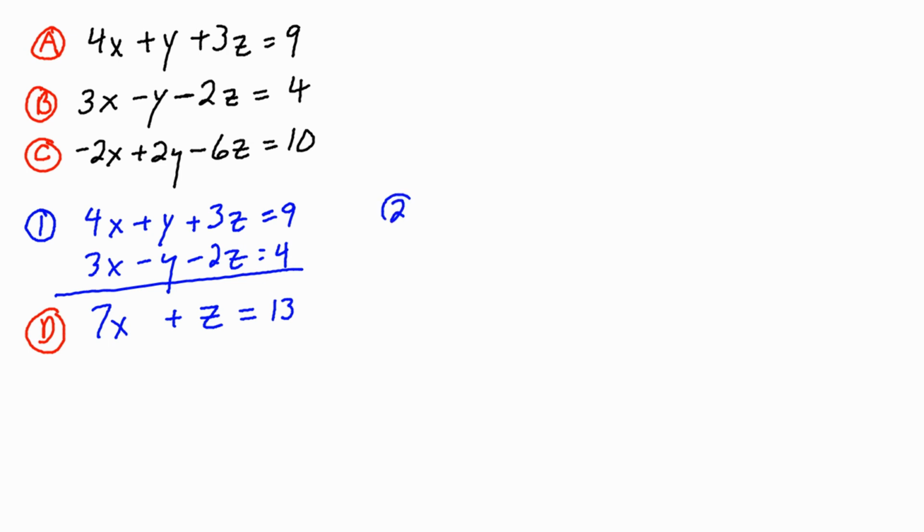For step 2, if I take equation A and multiply it by 2, if I take equation B and multiply that by 2, when I add it to equation C, the y should eliminate. So 2 times 3 is 6x. Negative y times 2 is negative 2y. Negative 2z times 2 is negative 4z. And 4 times 2 is 8.